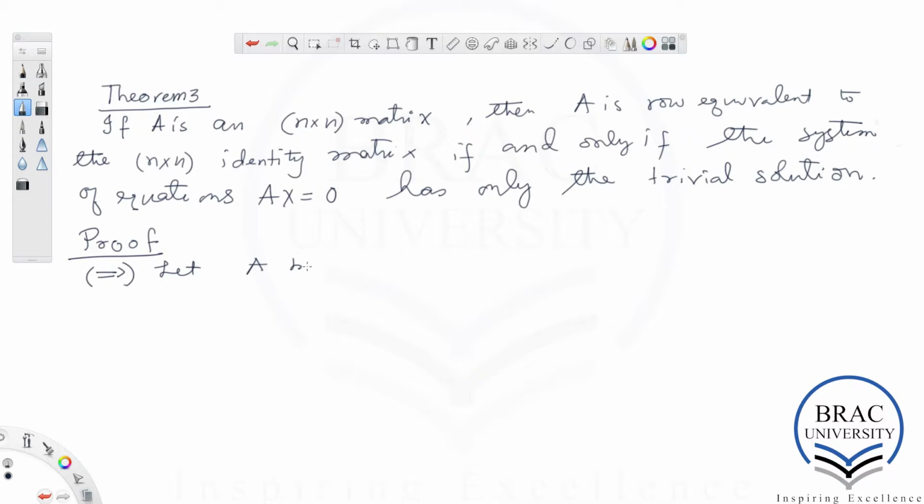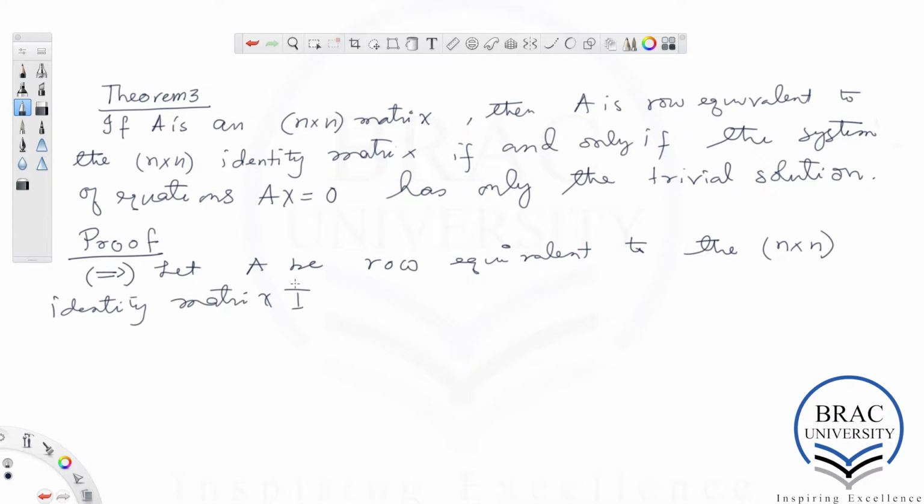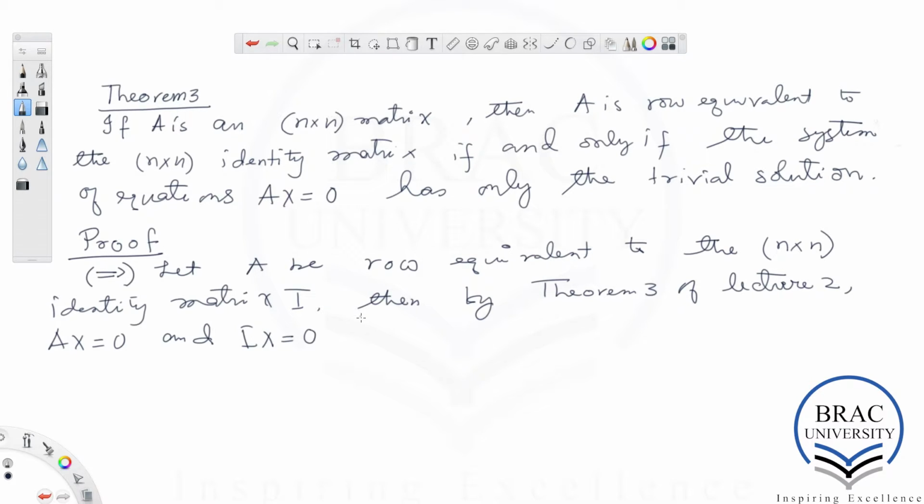Let A be row equivalent to the n times n identity matrix I. We are given that A is row equivalent to I. Then by Theorem 3 of lecture 2, Ax is equal to 0 and Ix is equal to 0 have the same solutions, right?